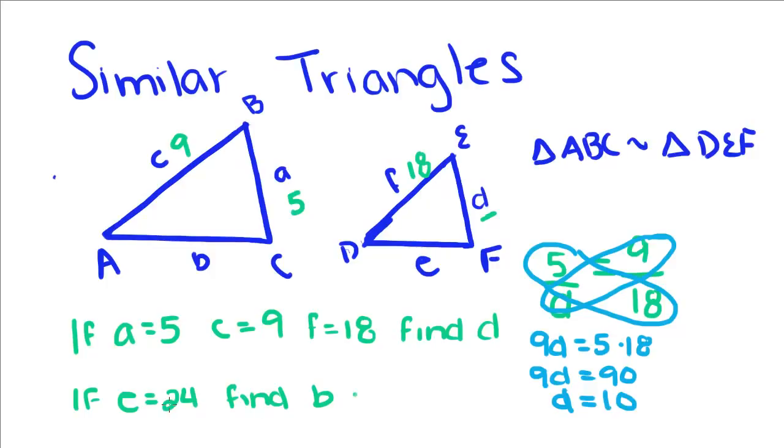So if E is equal to 24, find B. So E is equal to 24, and we want to find side B. So B over 24 is equal to, we're going to set it equal to 9 over 18. So then we're going to cross multiply.